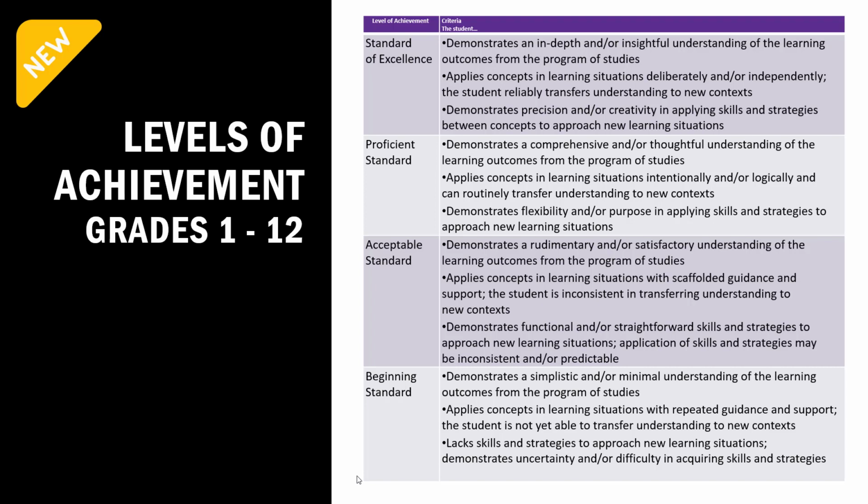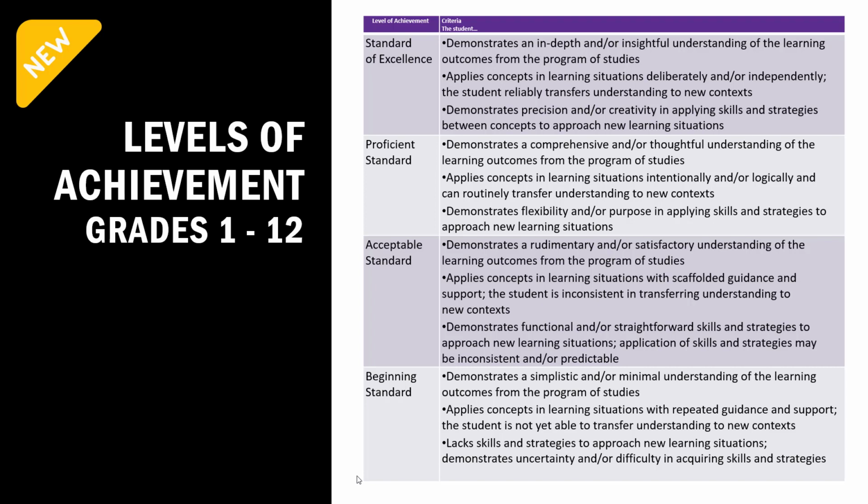What we did was we examined the levels of achievement that we had, and we asked ourselves, how does it support communication of a student's ability or proficiency with the outcomes? Does it use language that matches Alberta Education and qualifies where a student is in their learning?